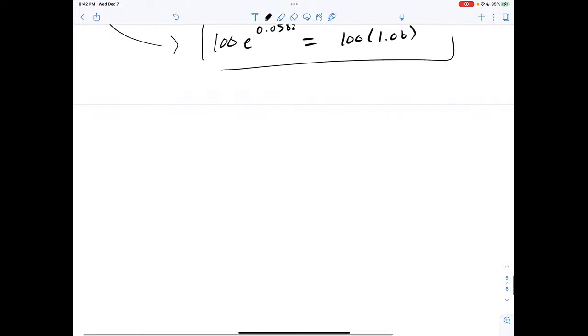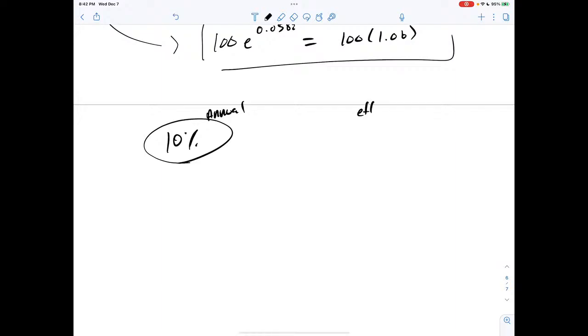Do you get it? Watch, for instance, if someone says, okay, I have a 10% annual rate of interest. I'm going to compute it at a 10% annual rate. What's the corresponding effective rate for continuous growth? You take e to the k and set it equal to 1.10.